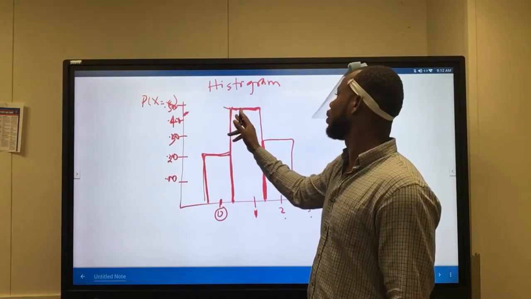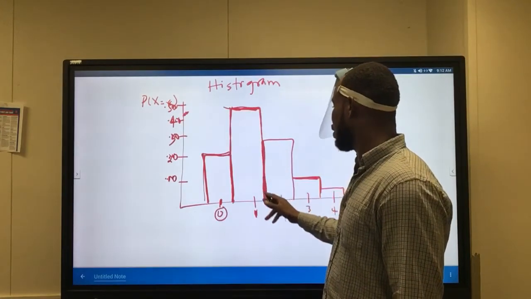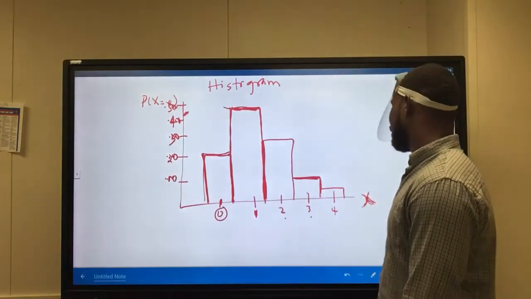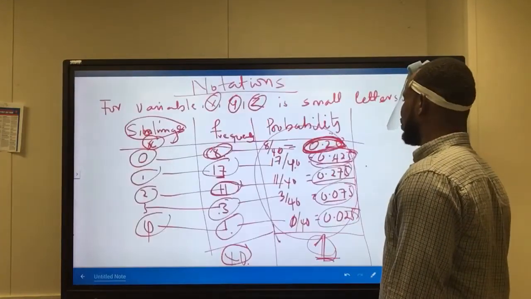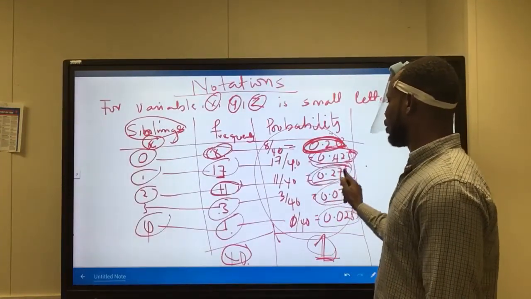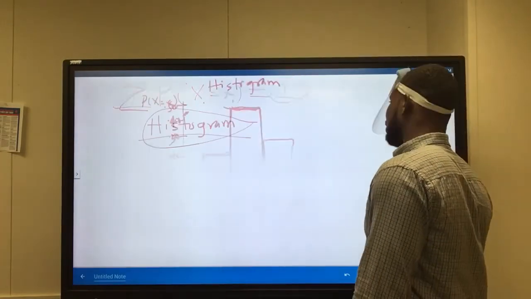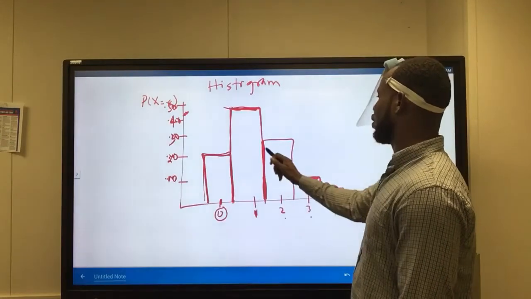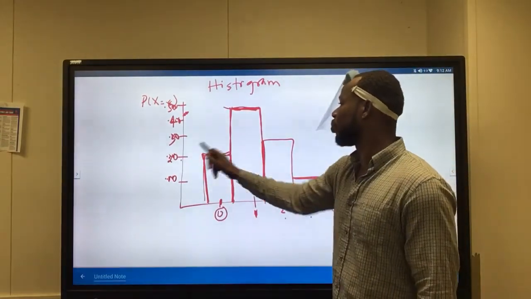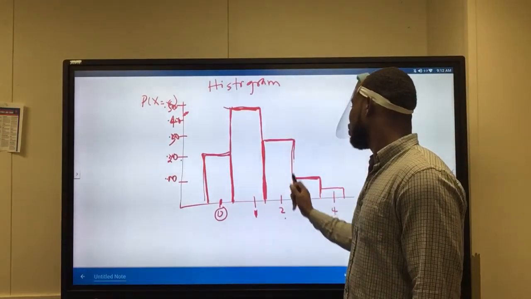Then the third one is 0.275, which will be somewhere over here.